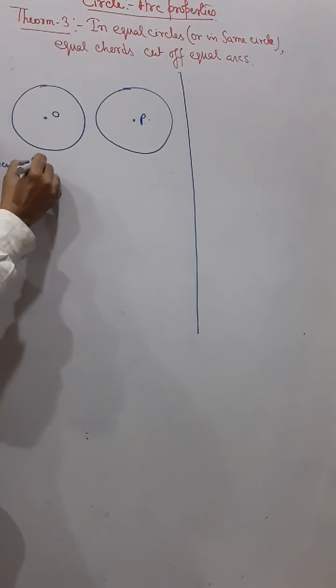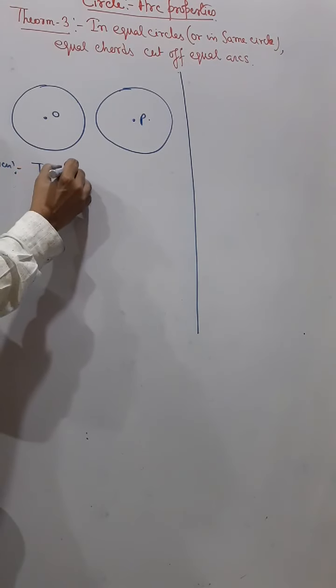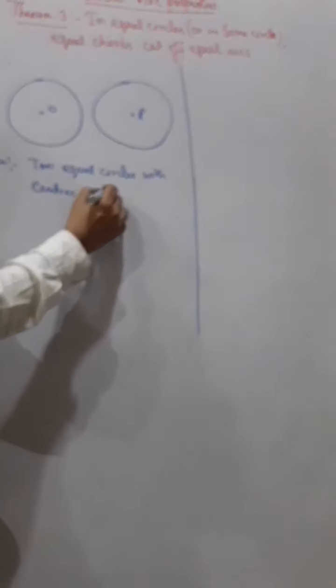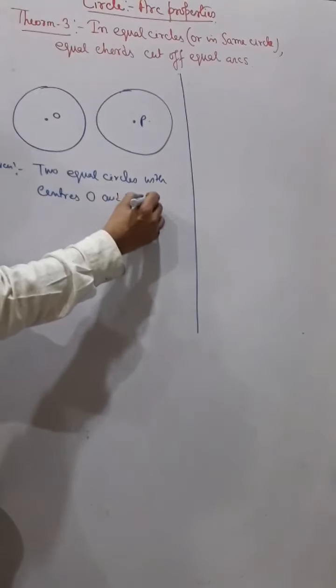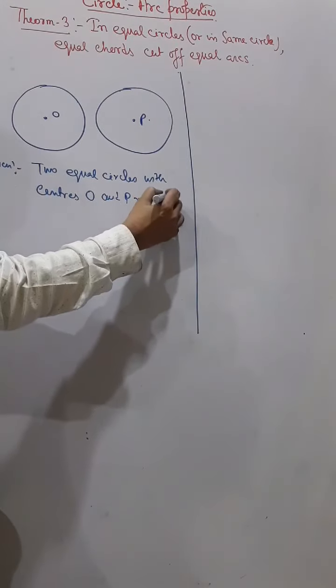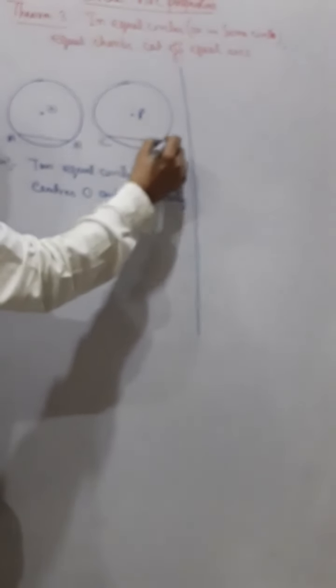That means given two equal circles with centers O and P respectively, it's also given that this chord AB is equal to chord CD.